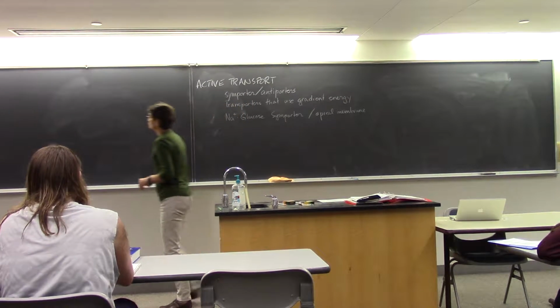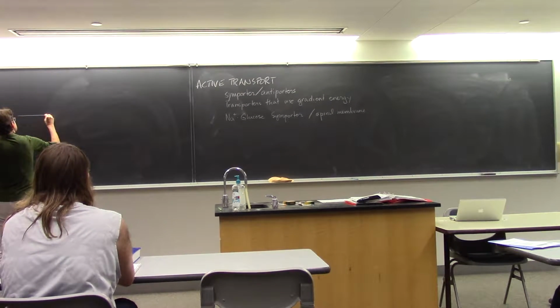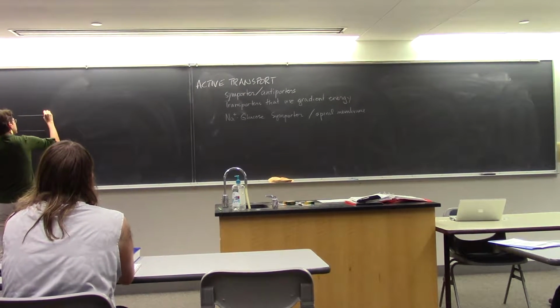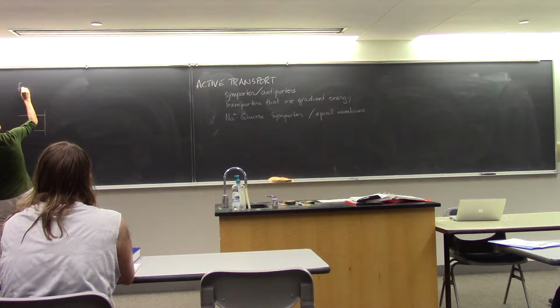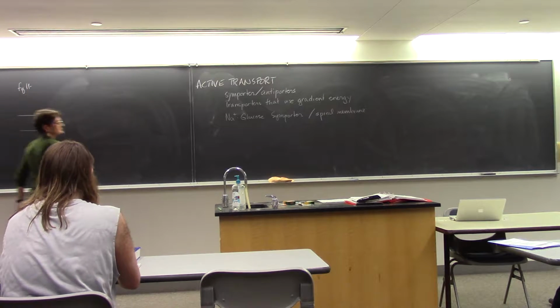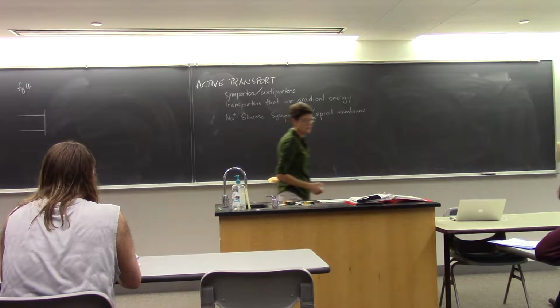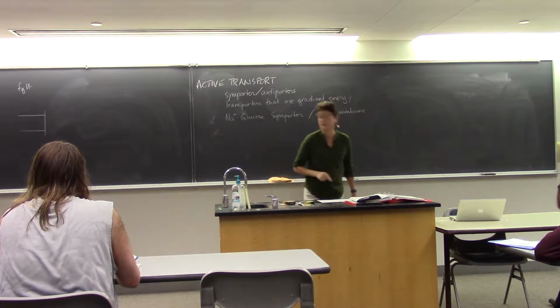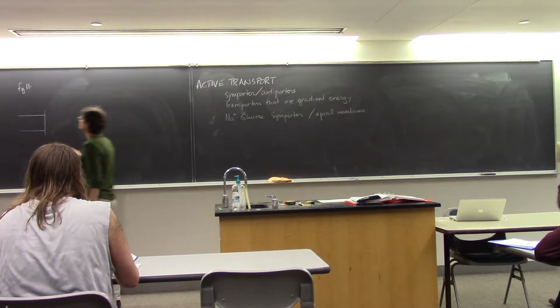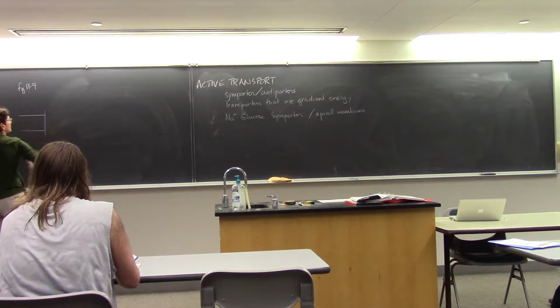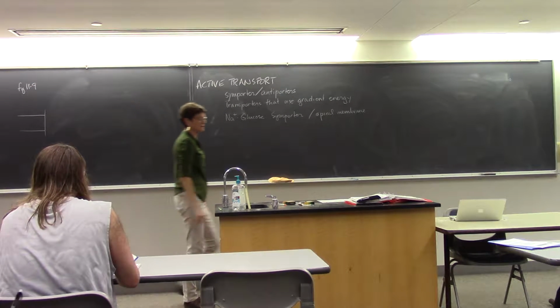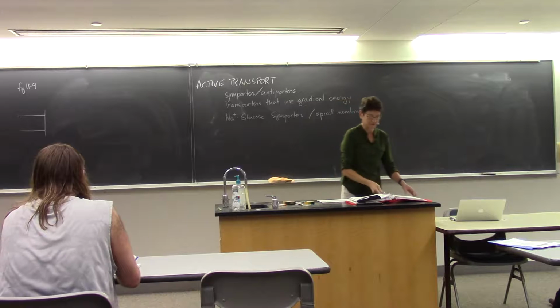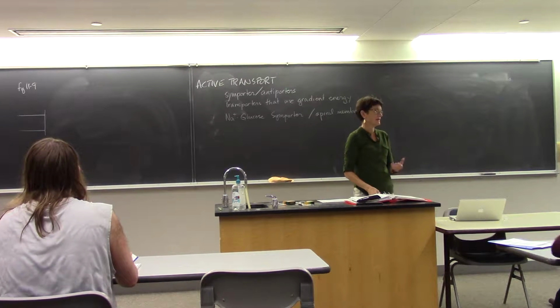So I'm going to start drawing. I like the book's figure 11.9. They show a real nice model of a sodium glucose symporter, and I kind of like the model.